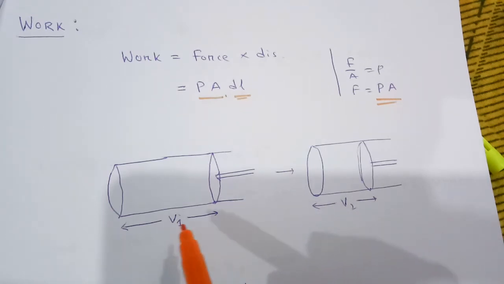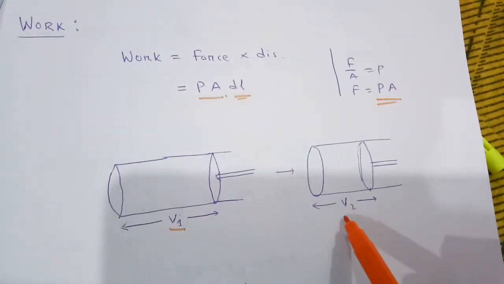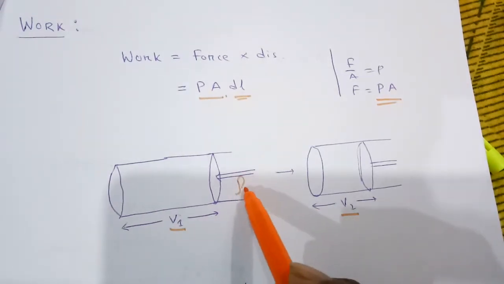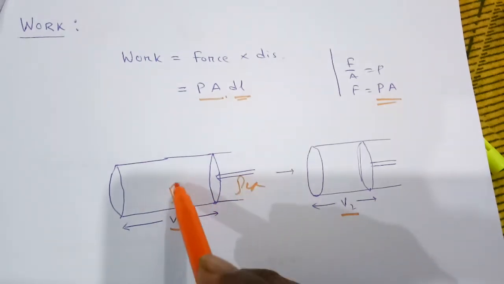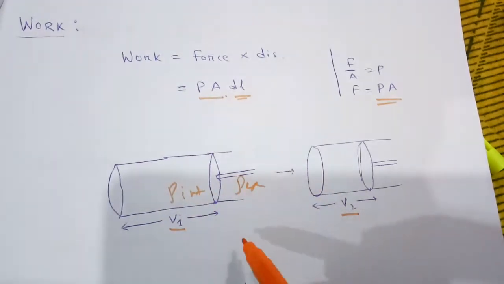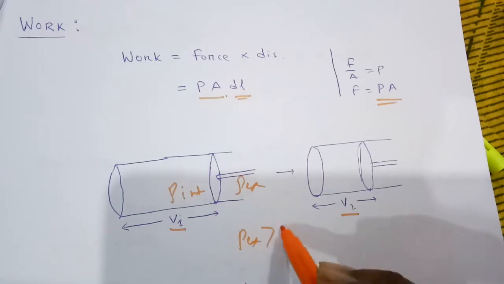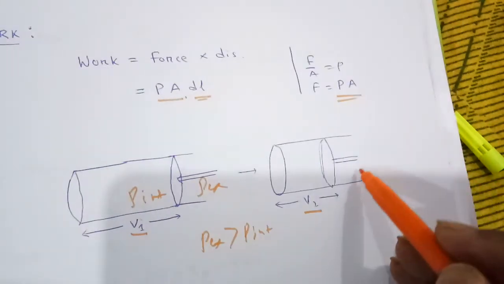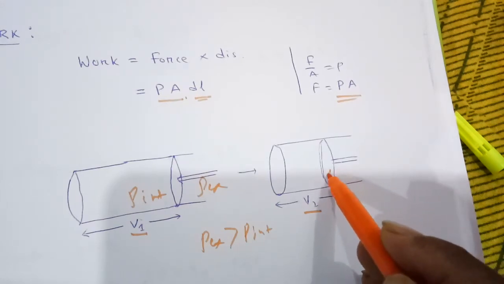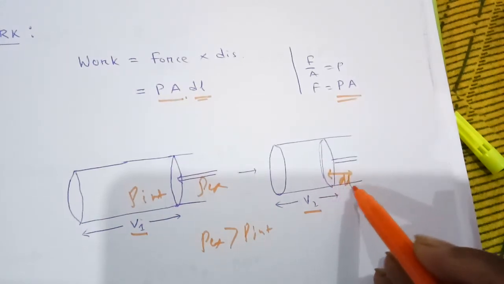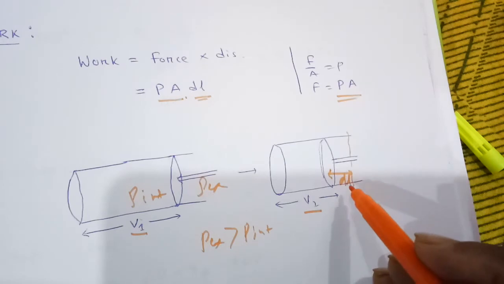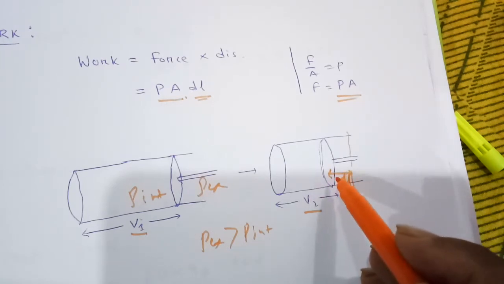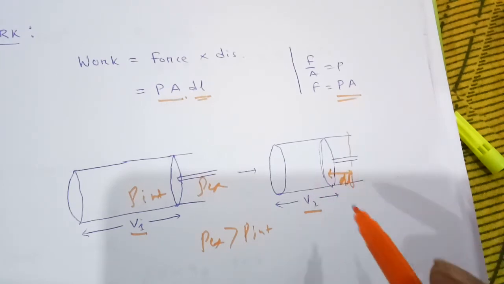If this is the external pressure and this is your internal pressure, and if external pressure is greater than internal pressure, the piston will come downward. This is the length dl, so the volume shrinks.